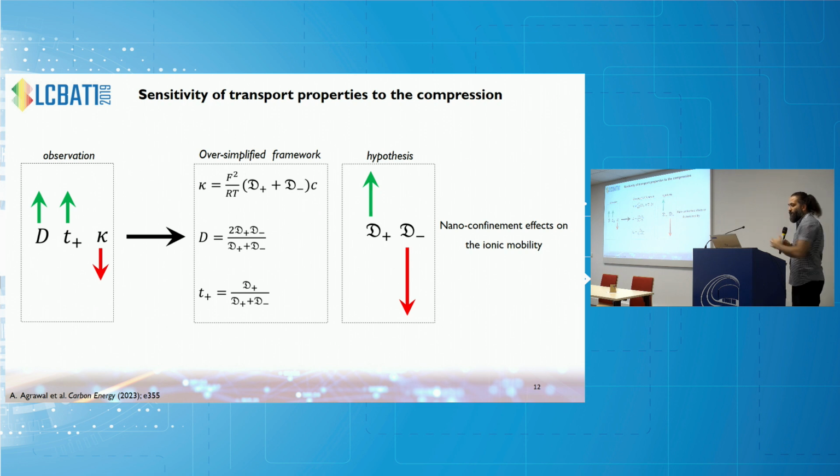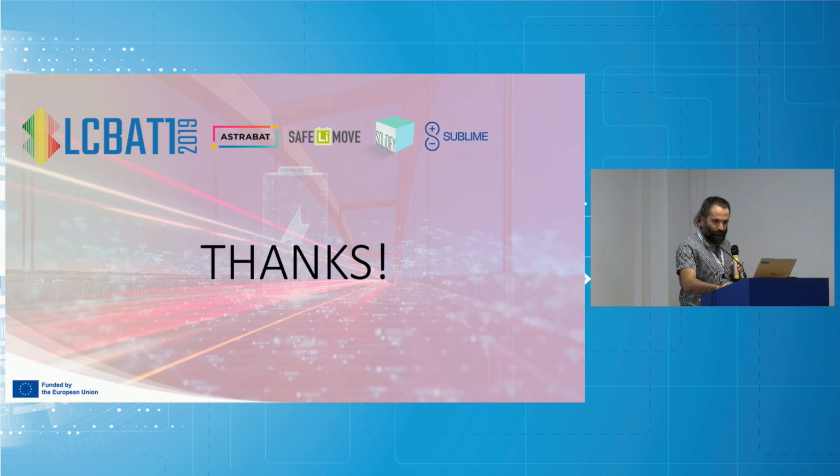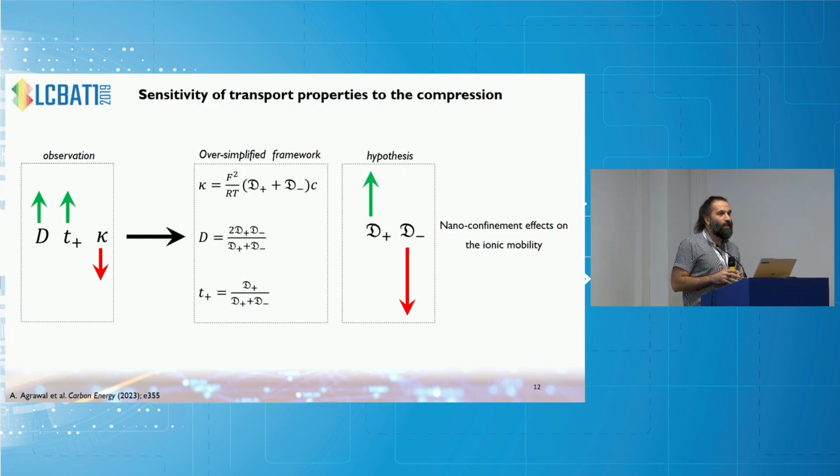So that might explain it a little. Sorry that I went over time, but there is no conclusion because the work is still going, and we have lots of challenges to deal with.